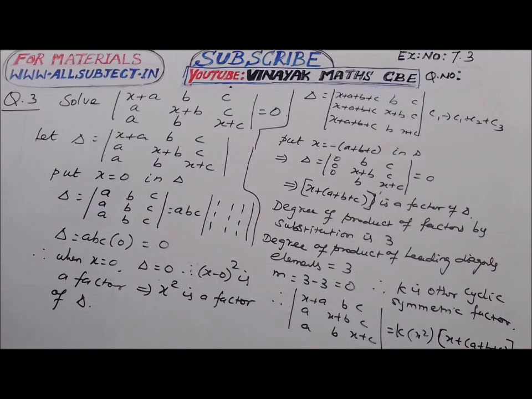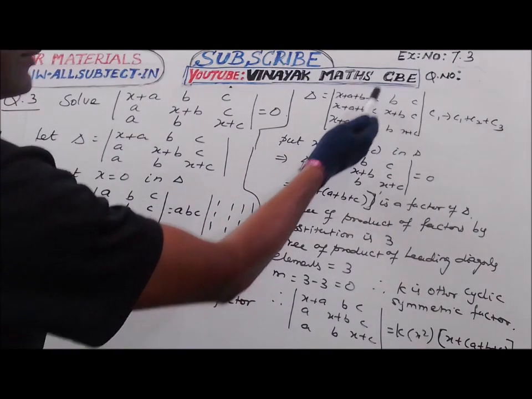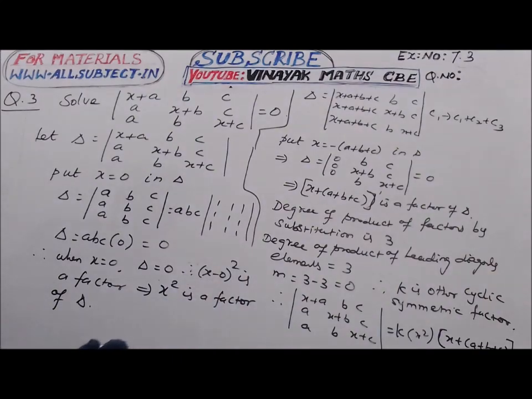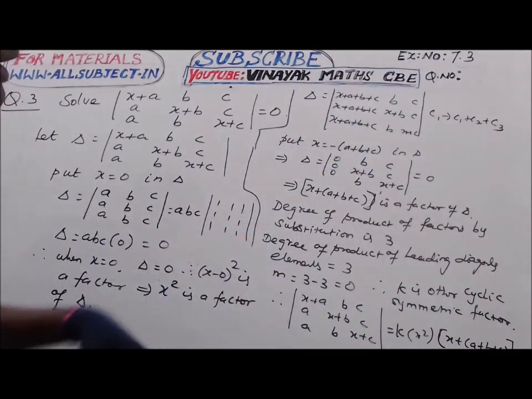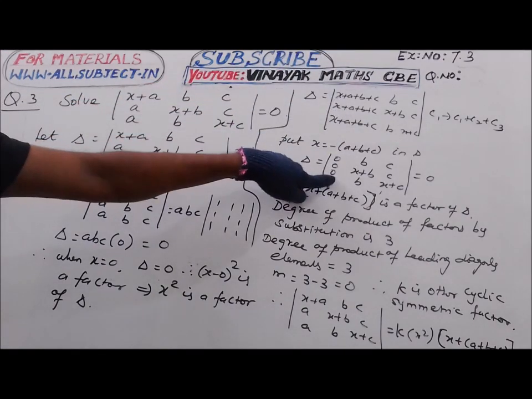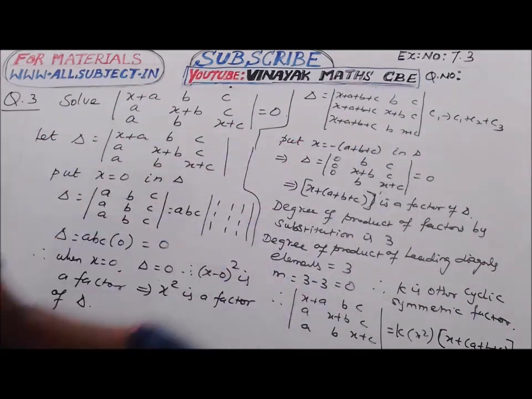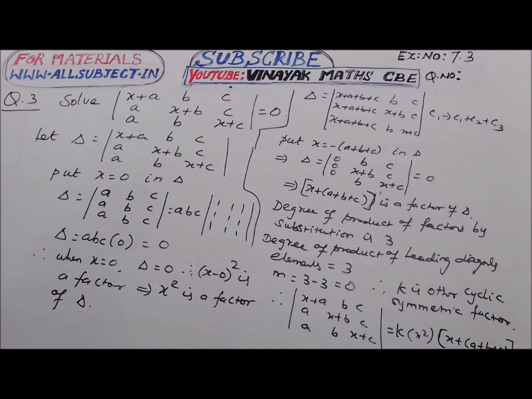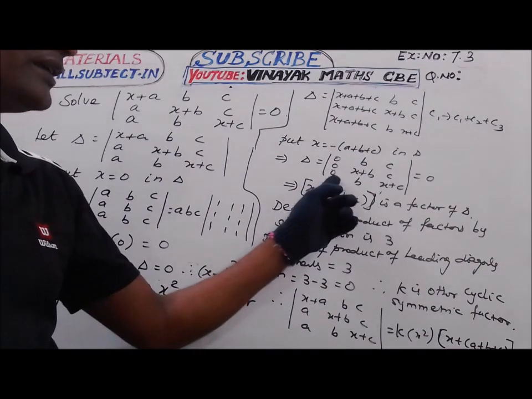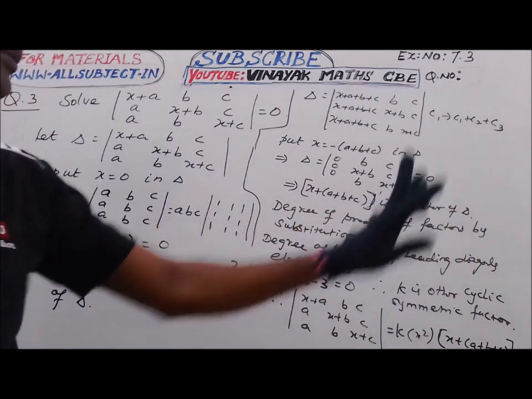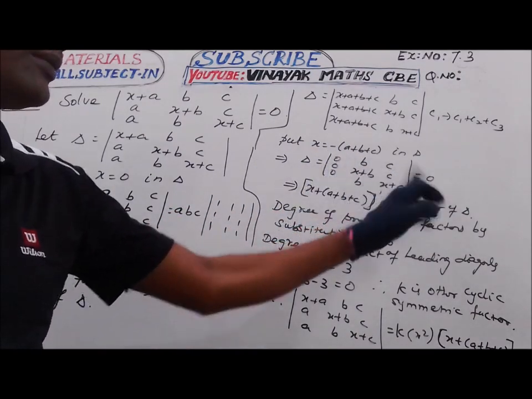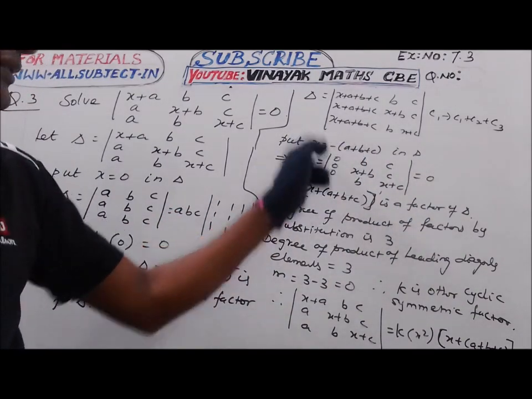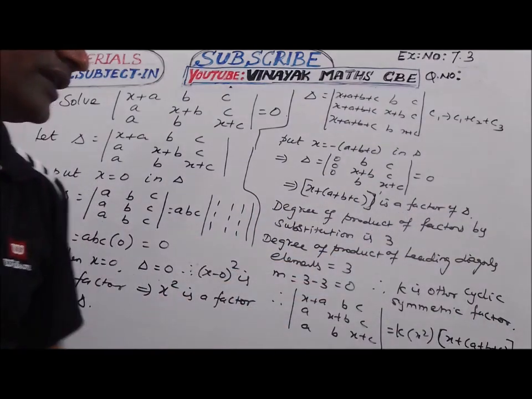Now substituting x equal to minus of a plus b plus c, the entire column becomes 0. This means the determinant value becomes 0, because in a determinant, if all the entries in a row or column are 0, its value becomes 0. So substituting x equal to minus of a plus b plus c, delta becomes 0. Therefore x plus a plus b plus c is the other factor of delta.